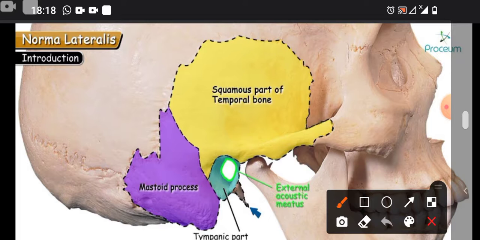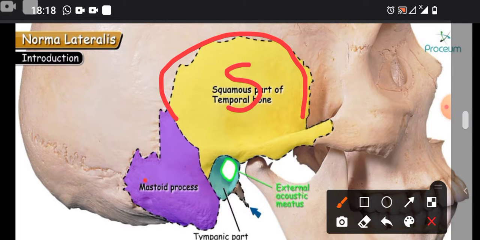This is the squamous part of the temporal bone, which is larger and bigger, this is the mastoid part, and this part is the tympanic part. The tympanic part basically covers the external surface of the external acoustic meatus.